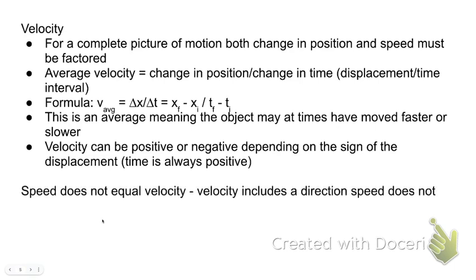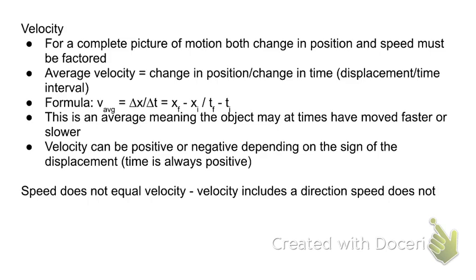Speed does not equal velocity because velocity includes a direction and speed does not. So you can choose on your homework to either report the direction by using a word like north, west, east, left, right, or you can include the direction by simply putting a sign on your velocity, but you have to report a direction.